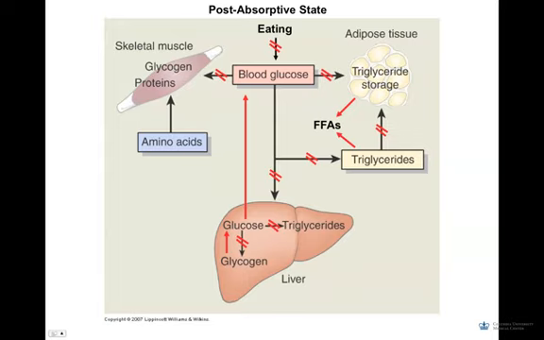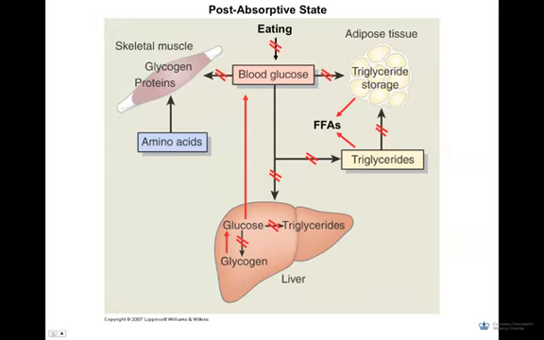And it's going to synthesize glucose, okay, and then put that into the blood. So the liver is going to break down glycogen, and it's also going to do this gluconeogenesis, this production of new glucose. Now, in a post-absorptive state, the liver is going to do much more glycogen breakdown than gluconeogenesis. Okay, so your body depends much more on glycogen stores in the liver than gluconeogenesis in order to support blood glucose during a post-absorptive state.